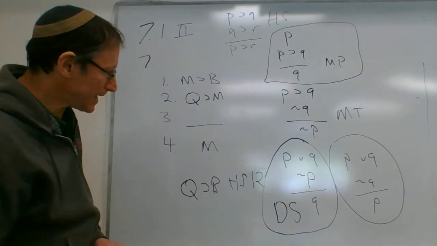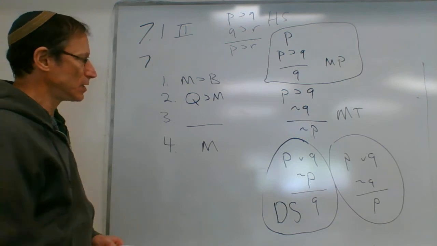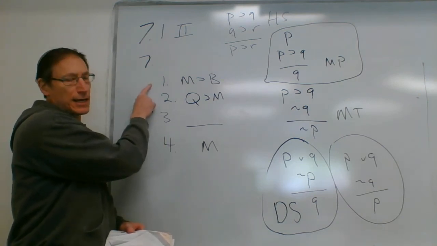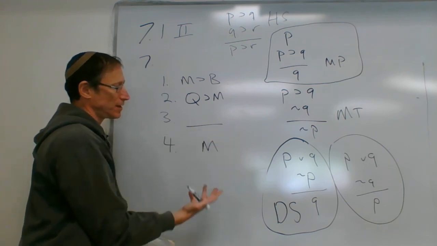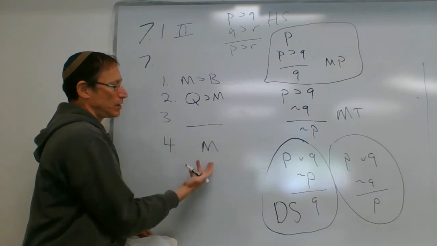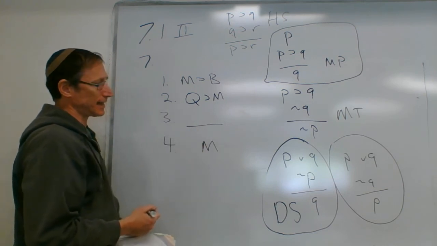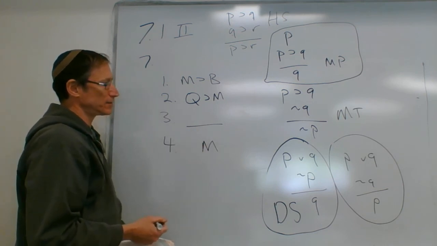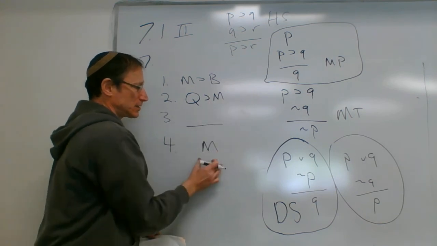I was asked to get M. How in the world can I get M out of these two? Well, out of these two alone, you can't get M. The question is, what would I need if I had something else over here? What would it be such that it allows me to get to M? It looks to me like the answer is, I see we have a horseshoe. M is a consequent.